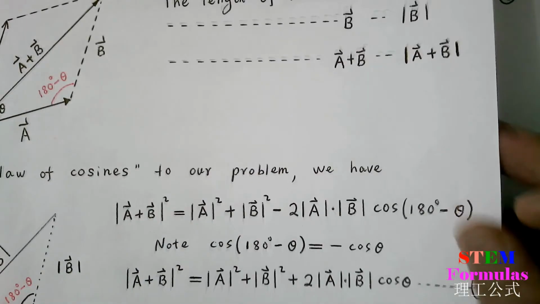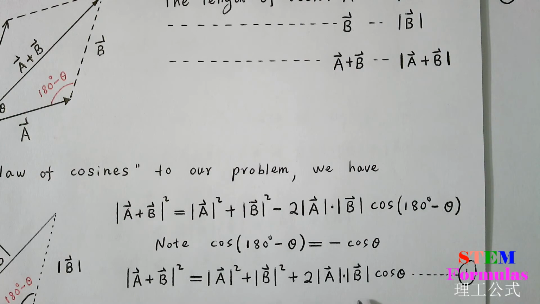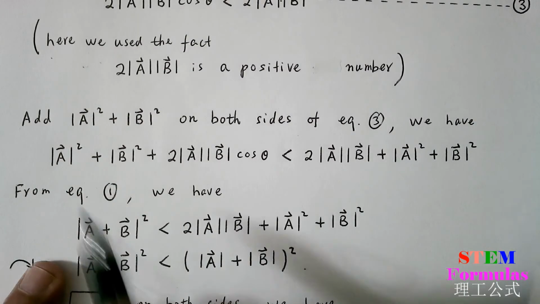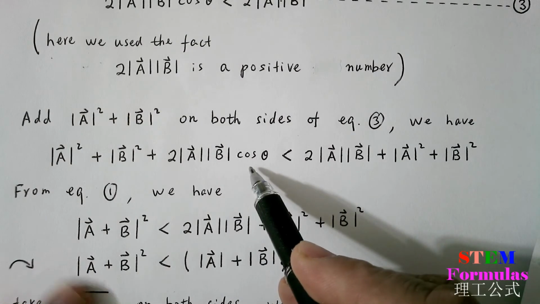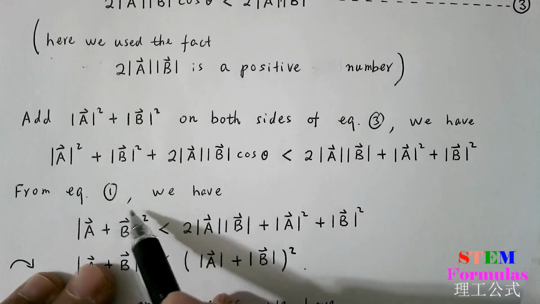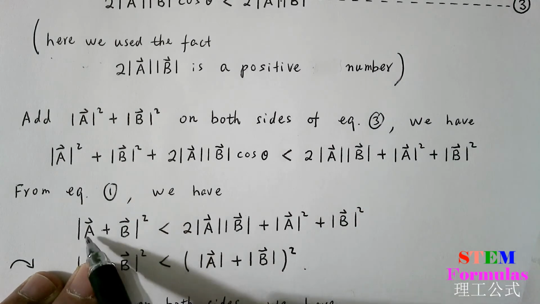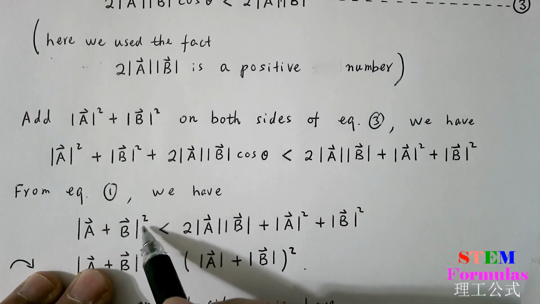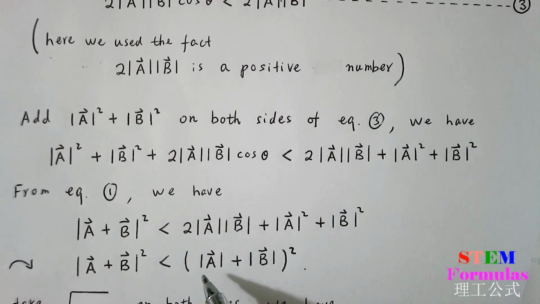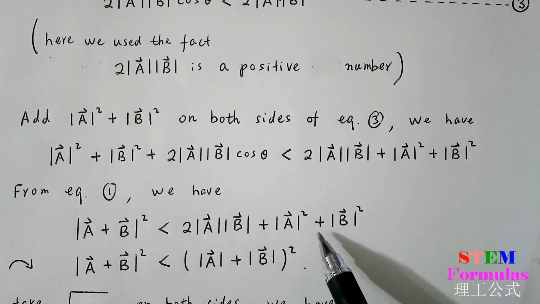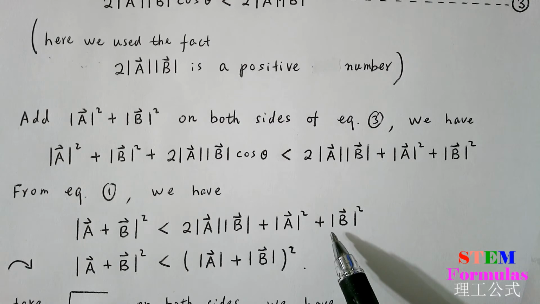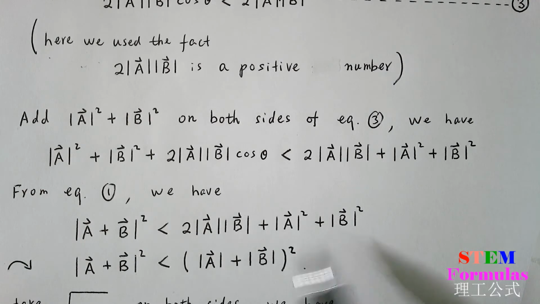Equation 1 is here. The left side is from equation 1, the magnitude of A plus B squared. So we have this equation. Now, this equation we can make a perfect square.